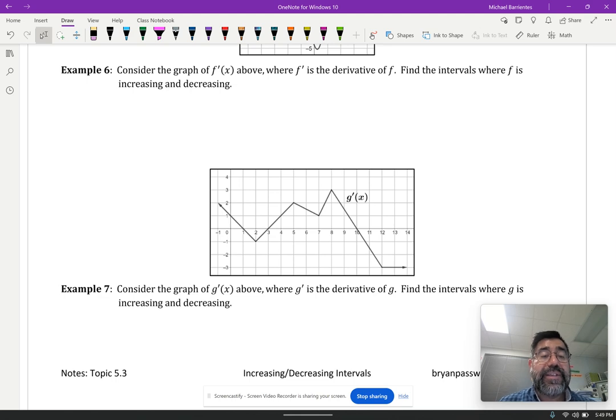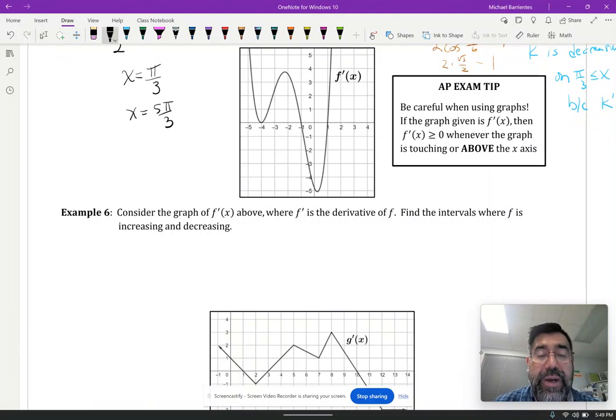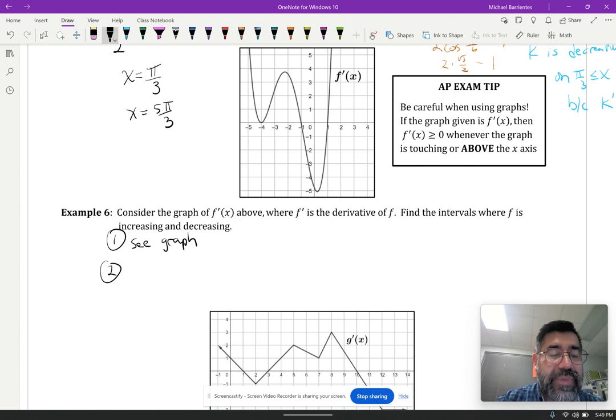Example 6. Consider the graph of f prime above, where f prime is the derivative of f. Find the intervals where f is increasing or decreasing. So if I follow my process, step number 1, I don't need to do because they gave me the derivative. Okay? And so I'm going to say C graph. Step number 2 says find the critical points.